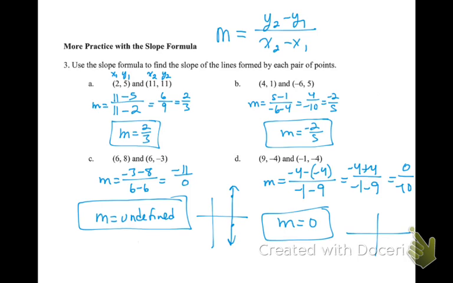If I were to plot these, notice that (9, negative 4) is right here, roughly, and (negative 1, negative 4) is right there. This one is a horizontal line. Horizontal lines do have a steepness, it just has a steepness of 0. It's between the negative and positive slopes. Pause the video and write down anything you need to.